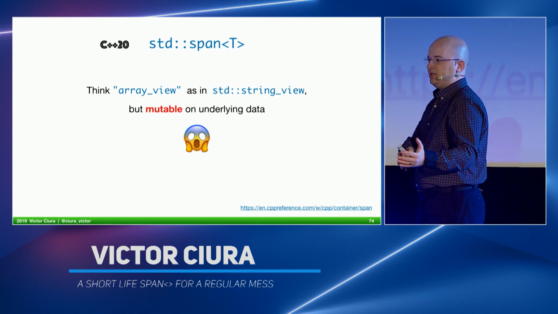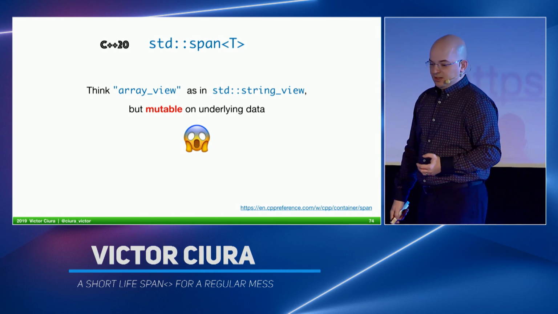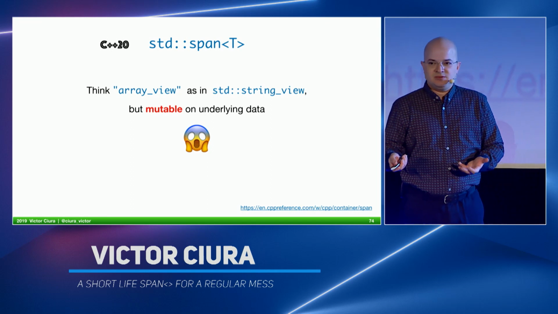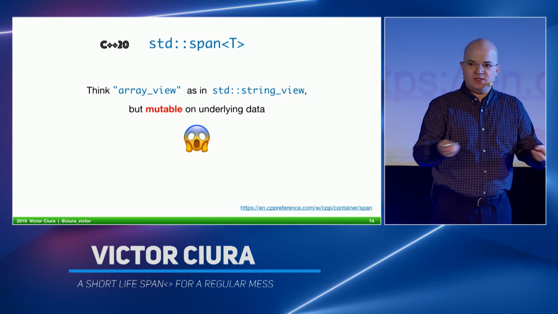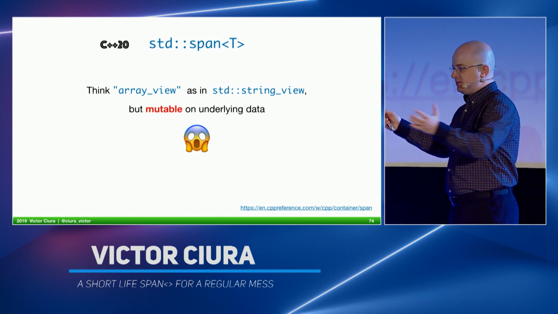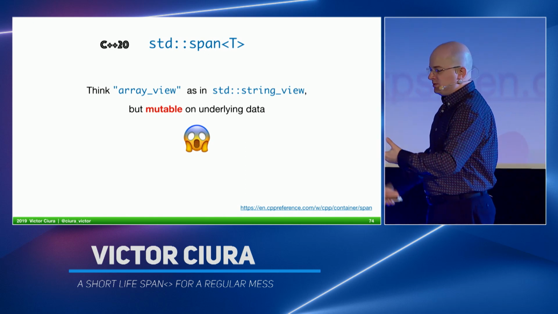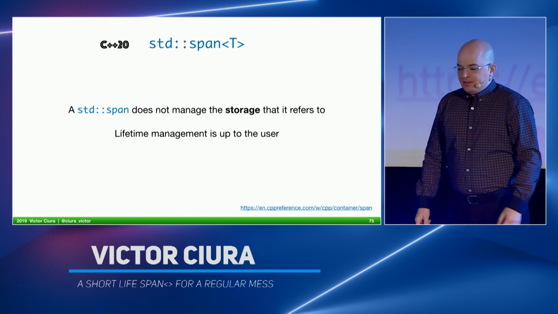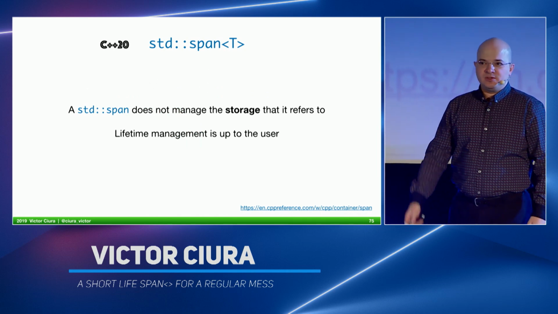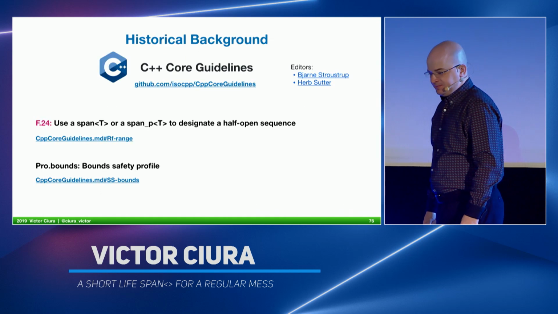It's not constant like it was with string view. This is necessary by design because its intent was to be a replacement for doing pointer arithmetic and basically traversing buffers that we need to change with pointers. So again, it does not manage the storage it refers to. Lifetime management is up to the user.